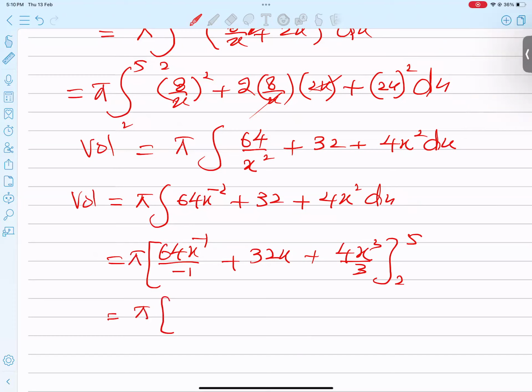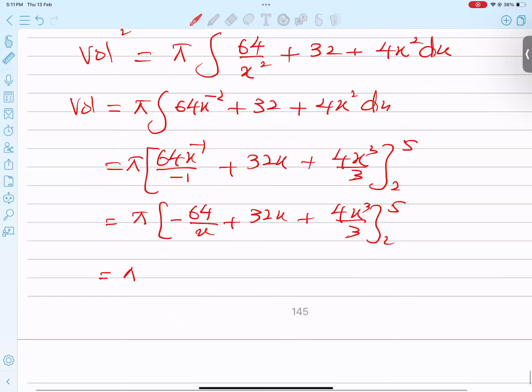And please, I suggest you don't put the limits until you simplify maximum. So 4x cubed by 3, and limits 2 to 5. First of all, I will plug in 5 in every value and then I will place 2. Wait a minute, please. Let me check, if I plug in first 5, what happens then? 5 to the power 3 divided by 3 gives us 4708 by 15.